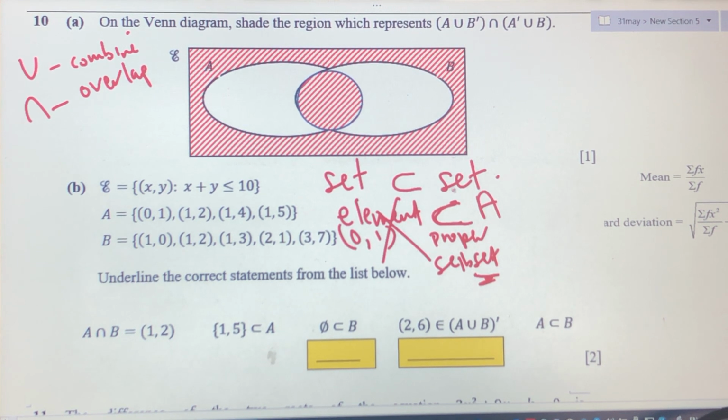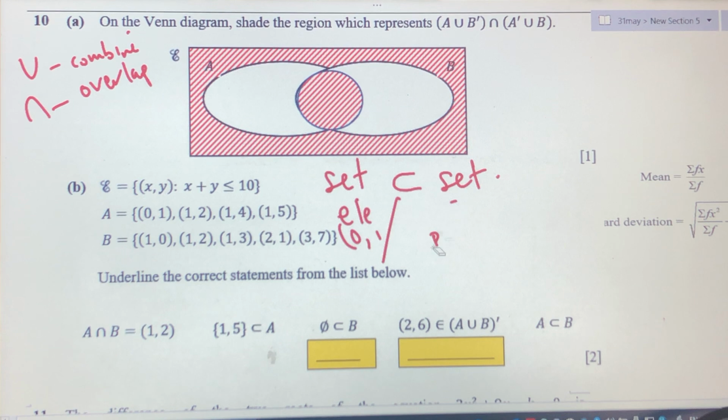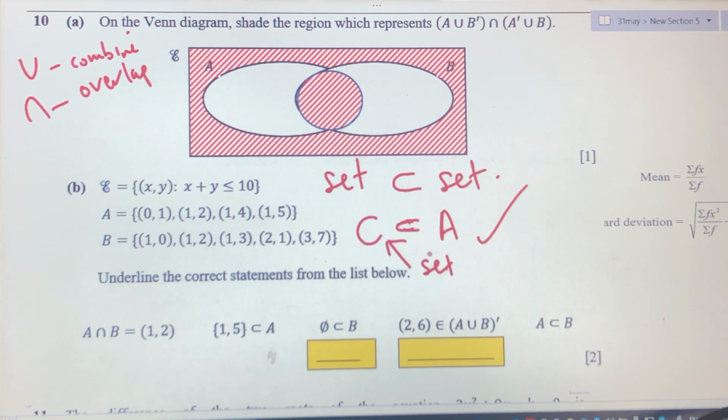The only way you can write is like maybe set C is a proper subset of A. This is correct because this is a set, this is a set.